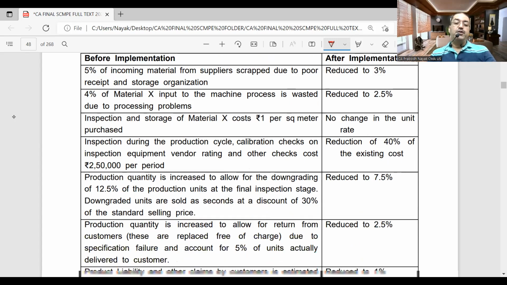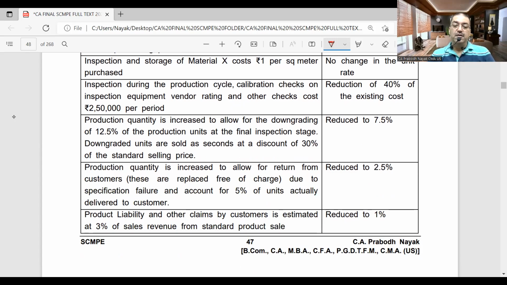Next one, production quantity is increased to allow for return from customers. These are replaced free of charge due to specification failure and account for 5% of the units actually delivered to the customer. What is the meaning of this? Production quantity is increased to allow for return from customers. So if my demand is 100 units, I will not produce exactly 100 units.